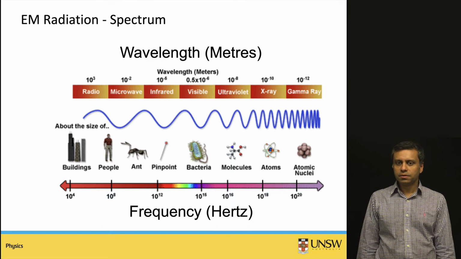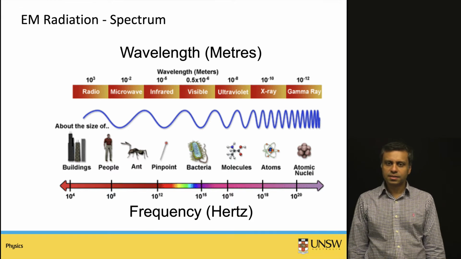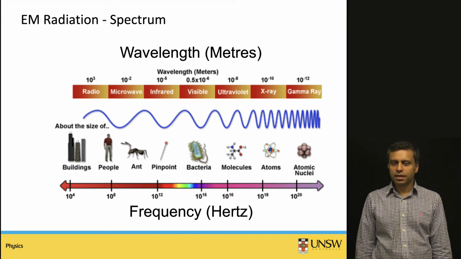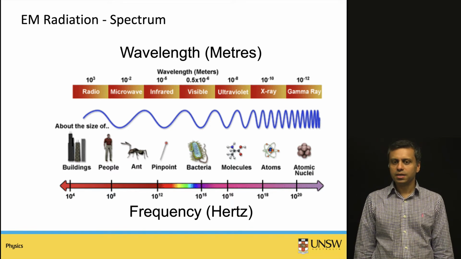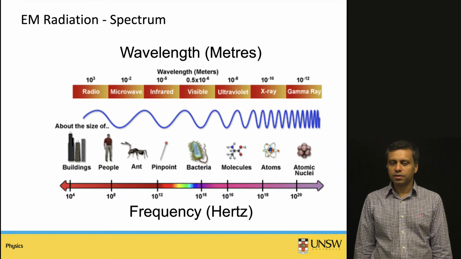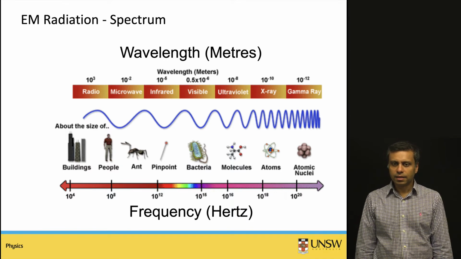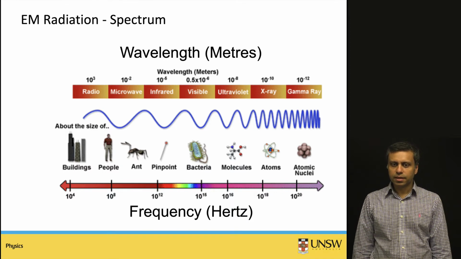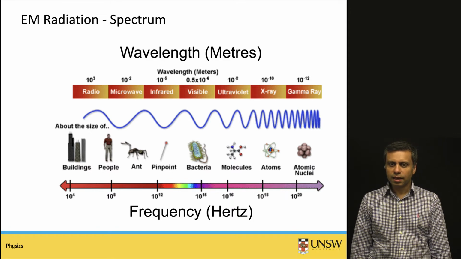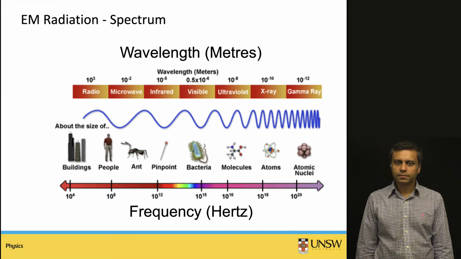And then if we go to the far right of this spectrum, we see gamma rays, which typically emerge from atomic nuclei, and they have very small wavelengths, of the order of 10 to the power minus 12 meters, for example. Their frequencies are also very large, almost 10 to the power 20 hertz, for example.